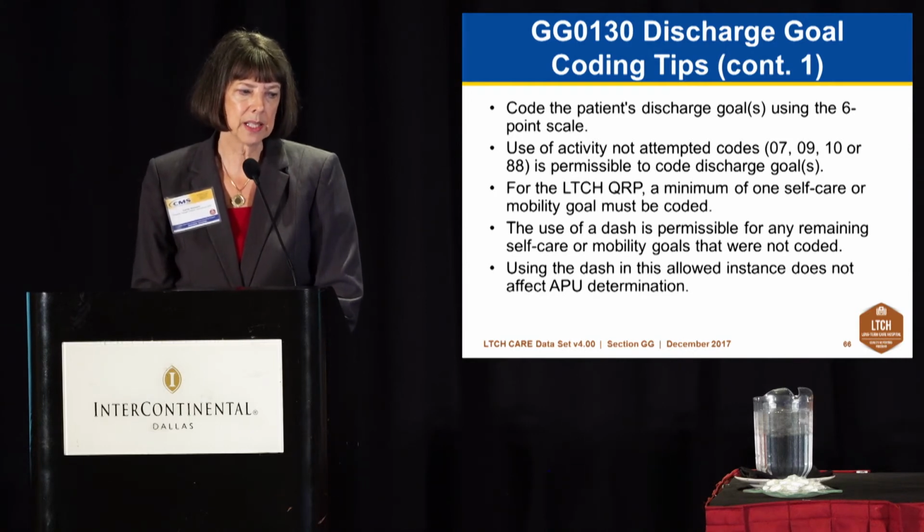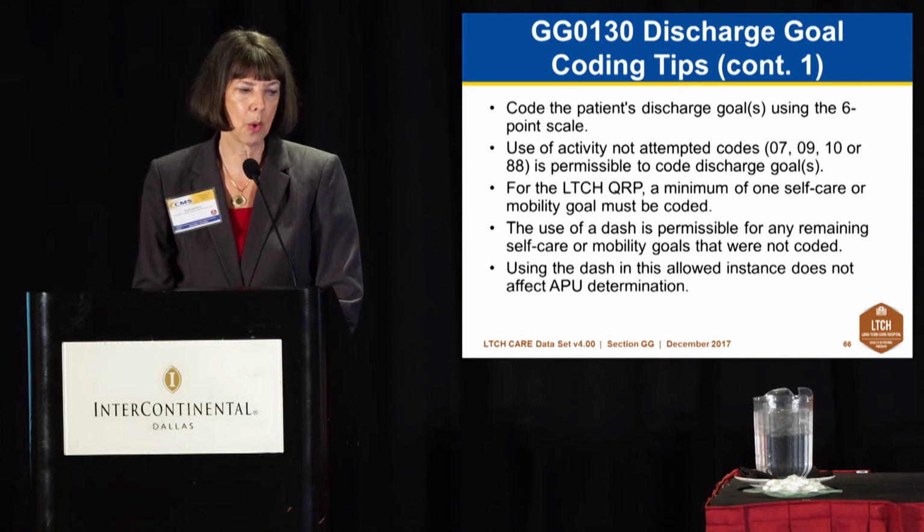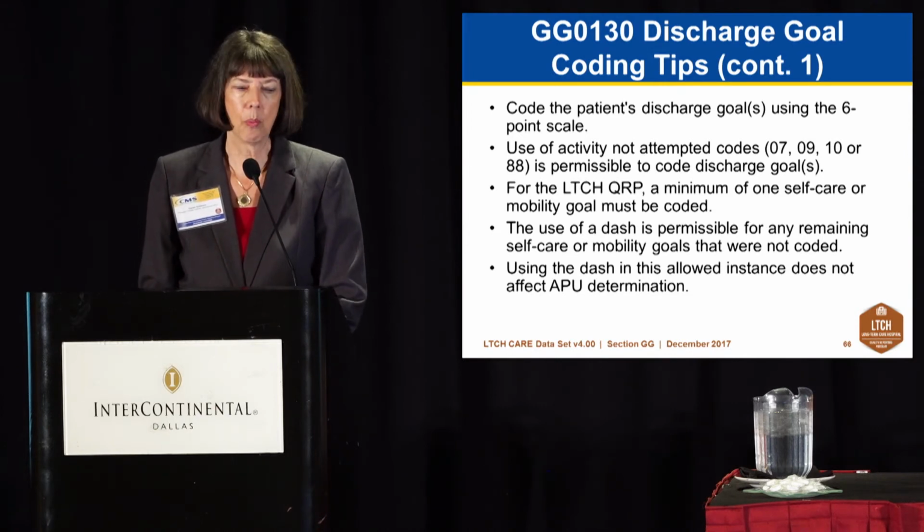The use of activity not attempted codes 07, 09, you likely again won't use 10, or 88 is permissible. That's a change to code discharge goals. For the LTCH QRP, a minimum, again, of one self-care or mobility goal must be coded.